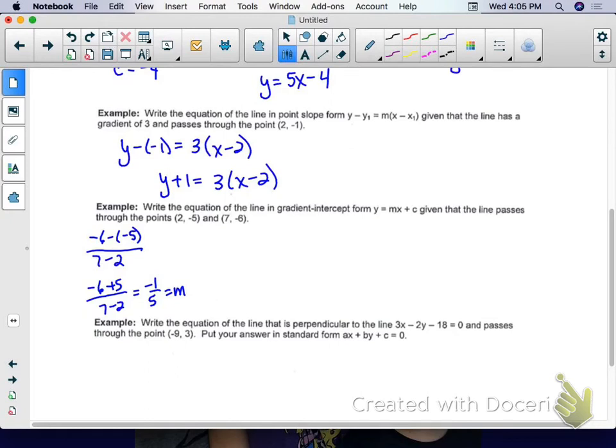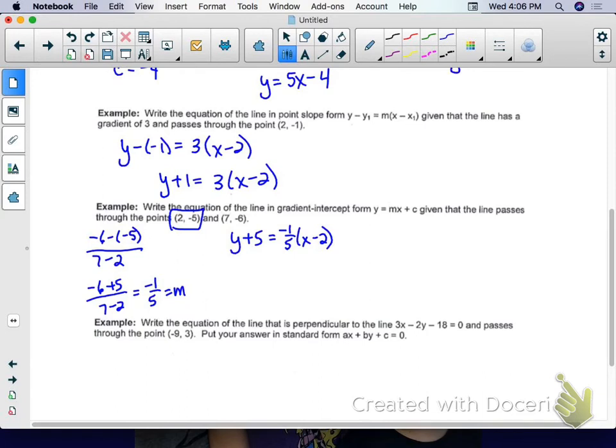Now pick a point, any point. Again, it doesn't matter which one. I'm going to pick this point, honestly, just because it's first. So y plus 5 equals negative 1/5 times (x minus 2). Again, if you need to write the y minus negative 5, do that. I just went ahead and changed it here.